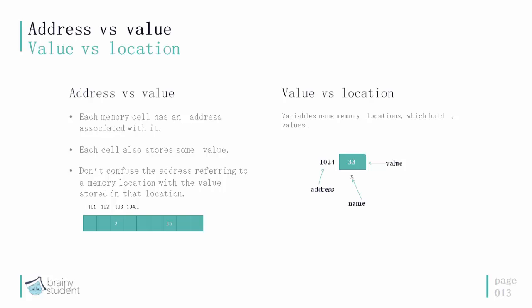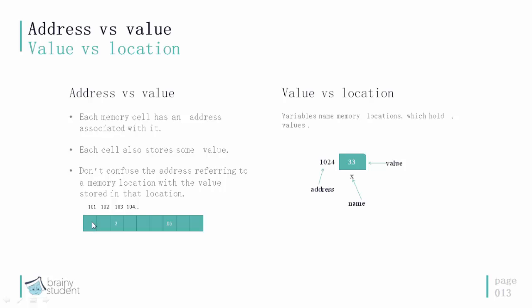See, let us suppose I have these cells. The addresses for these cells are 101, 102, 103, 104, 105, 106, 107 and so on. Now, as you can see, whatever we put inside a cell will become its value.